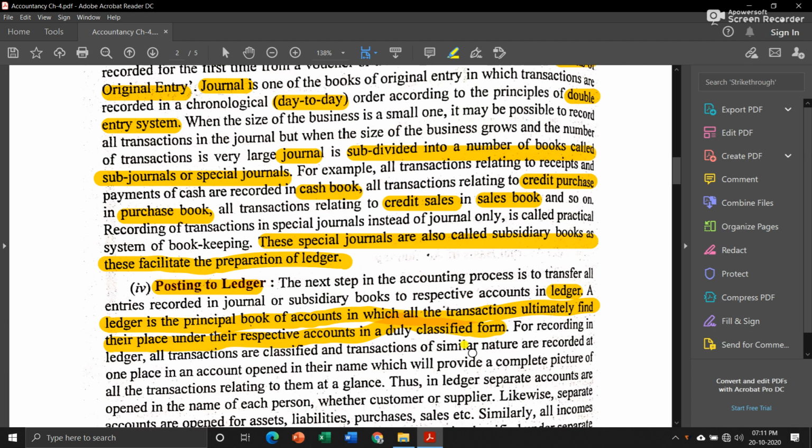In a similar manner, all the purchases will be recorded under the purchases account. So for recording in the ledger, transactions of similar nature are recorded at one place in an account opened in their name, which provides a complete picture of all the transactions related to them at a glance.